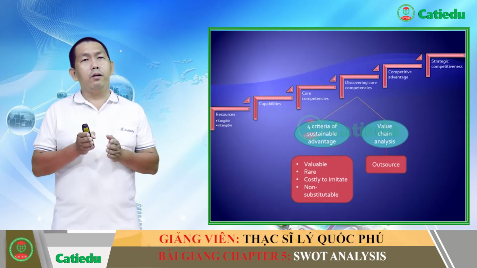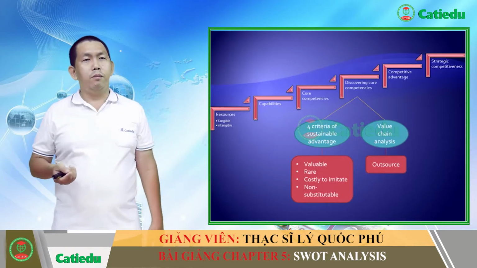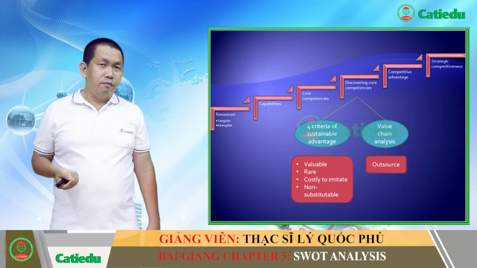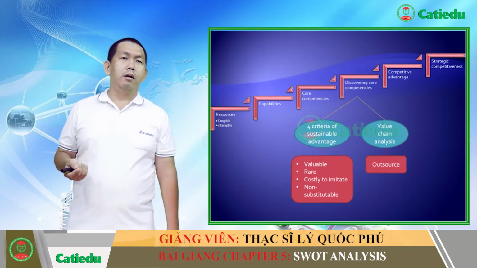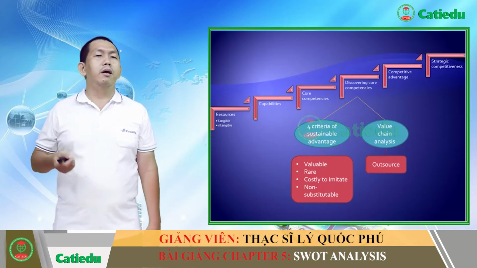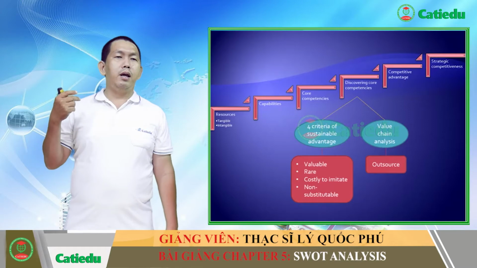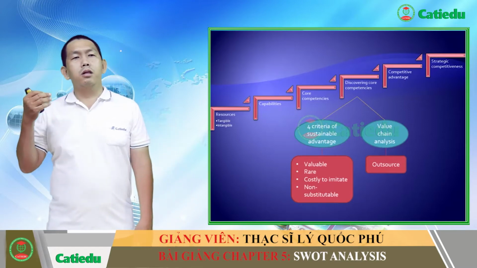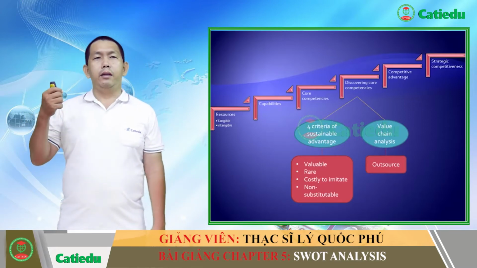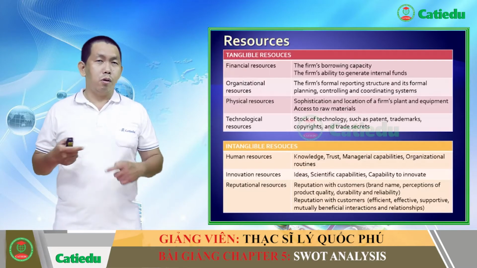And from discovering core competency, you have 4 criteria of sustainable advantage and value chain analysis. The 4 criteria of sustainable advantage include valuable, rare, costly to imitate, non-substitutable, and value chain analysis. You should find out the outsources.